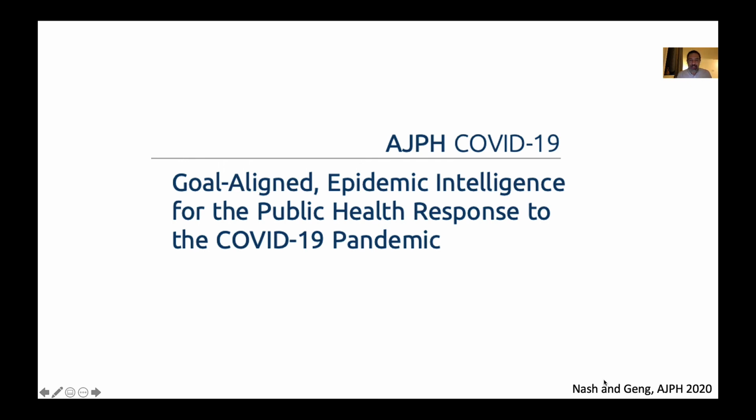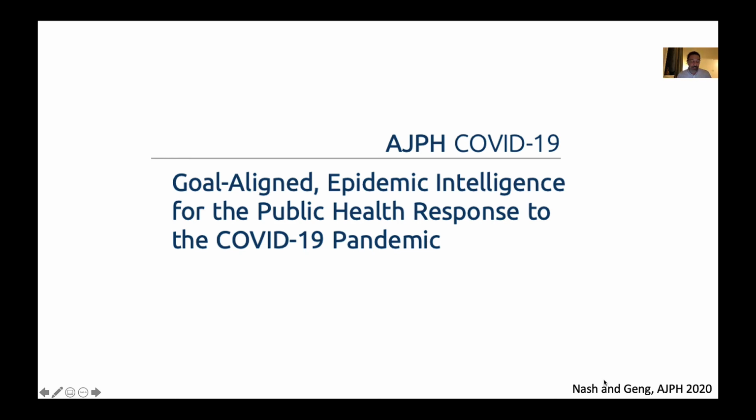What we were really trying to get at in this commentary was the importance of relying on metrics that are goal-aligned with the public health response to the pandemic, and also, importantly, disseminating those metrics in as timely a manner as possible to all those who need to know.